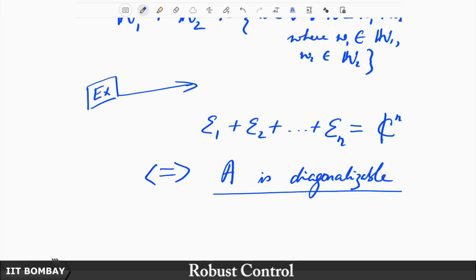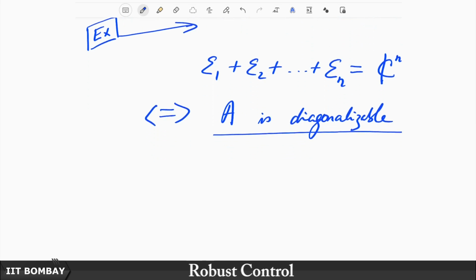Even if they are not distinct, if they manage to generate exactly as many linearly independent eigenvectors in the kernel as the number of times that eigenvalue is repeated as a root of the characteristic equation, even then it is diagonalizable, right. So you might wonder, it seems like almost everything is diagonalizable, so why are we even worried about this?